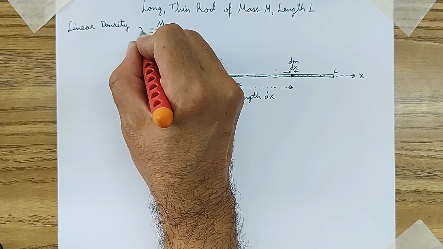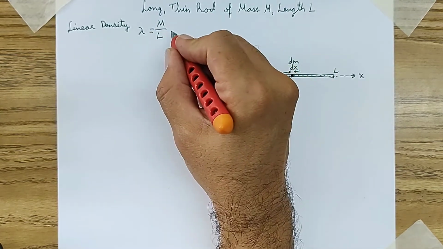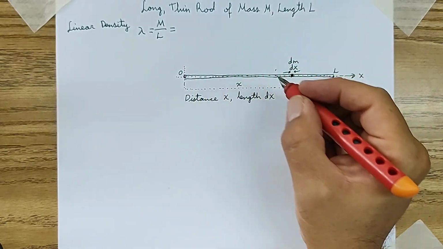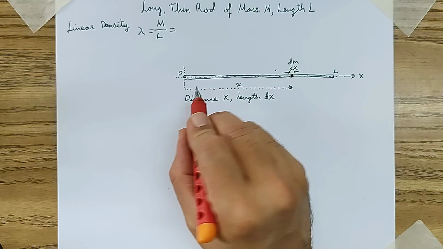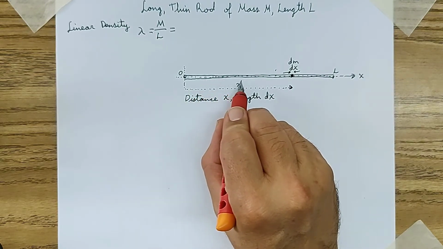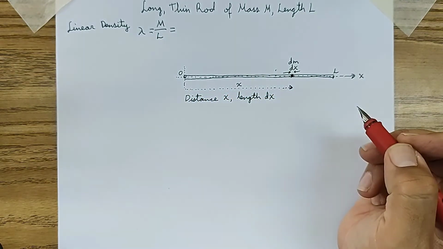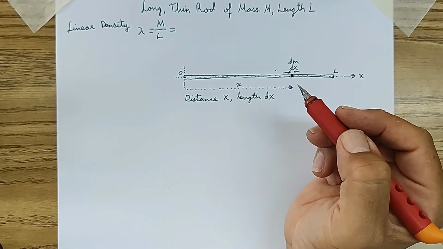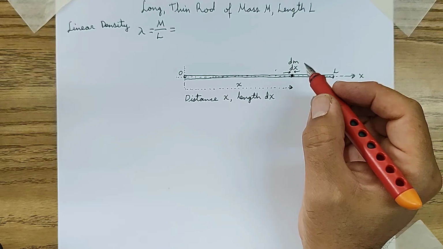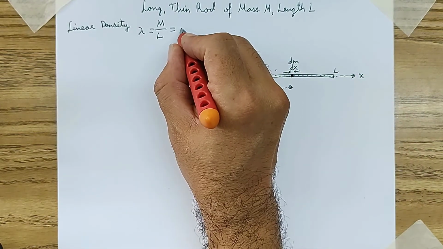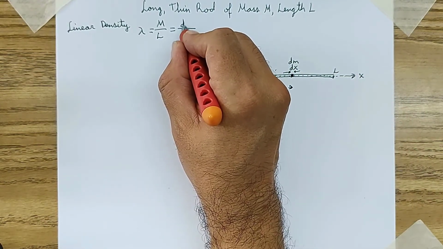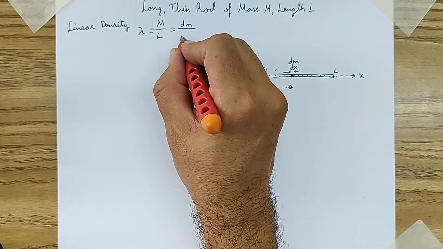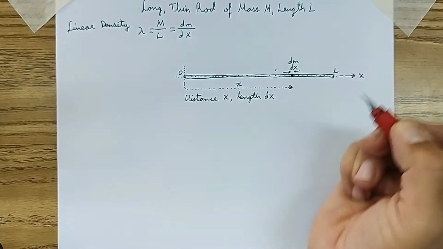It is the Greek letter lambda, and so lambda is equal to m over L. But the key point in this situation is that if the linear density is uniform throughout the object, then this ratio of total mass over total length is exactly the same as the ratio of infinitesimal mass for the differential element over its length dx.